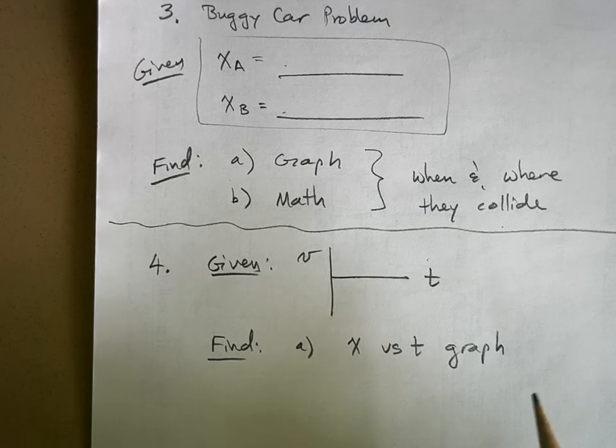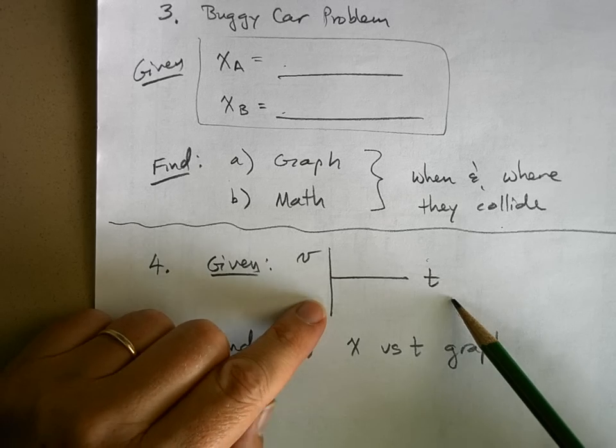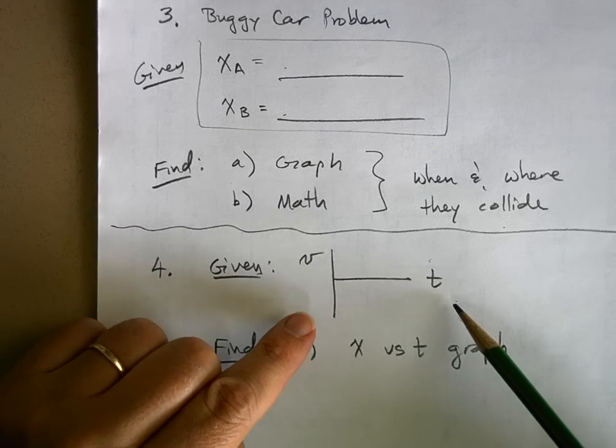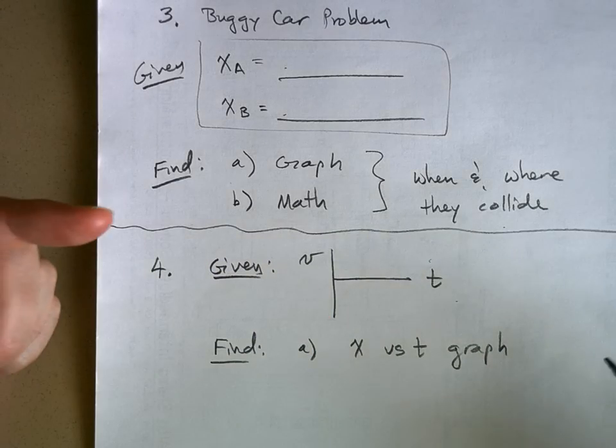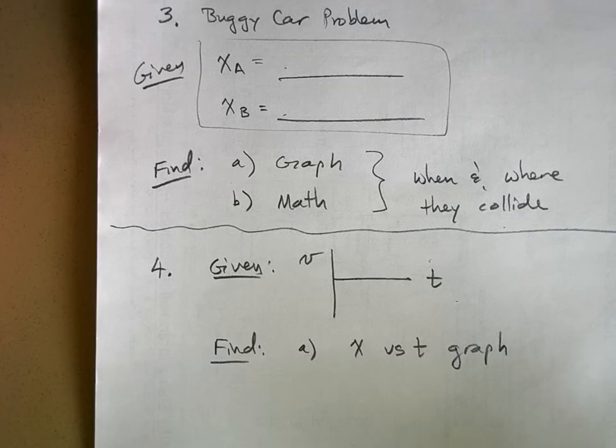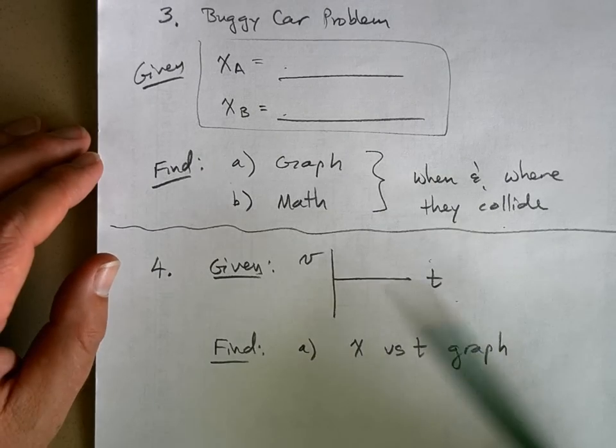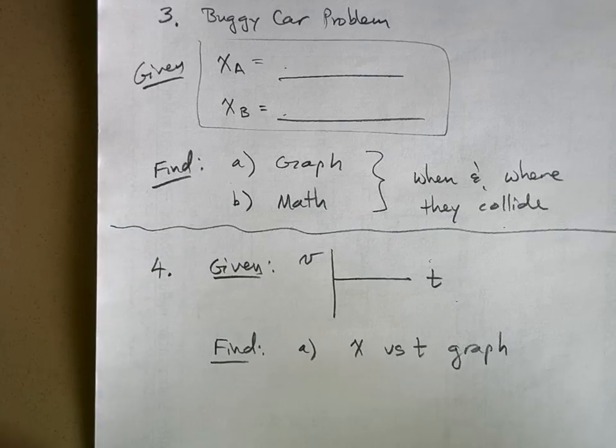So what I would do is redraw this, and then above it or below it, like a kinematic stack, draw the position versus time graph. I tell you where to start, because remember, with the velocity versus time graph, if that's all I give you, it doesn't really tell you where to start your position versus time graph, but I will tell you where to start it. And then you draw it as best you can.